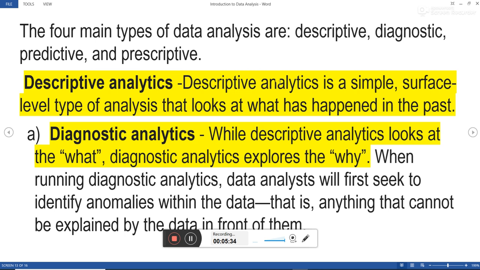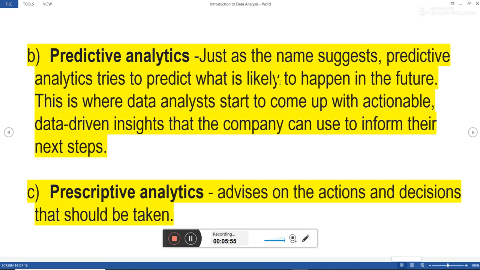While descriptive analytics looks at what has happened, diagnostic analytics explores the why. When running diagnostic analytics, data analysts will first seek to identify anomalies within the data, that is, anything that cannot be explained by the data in front of them.